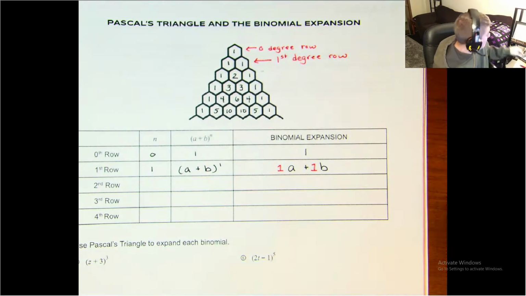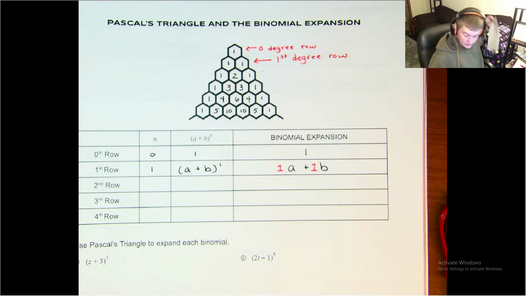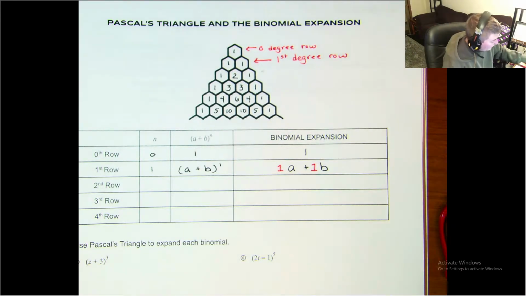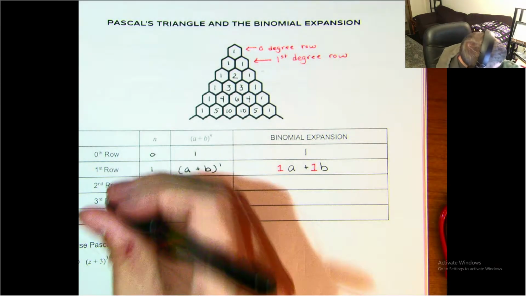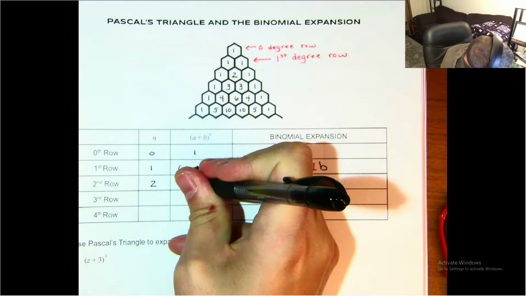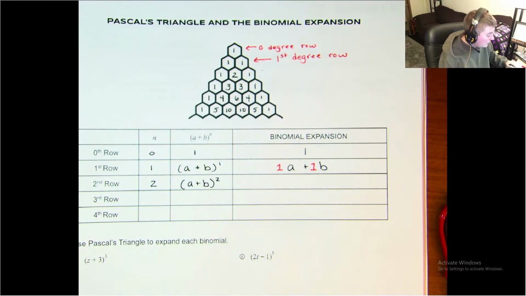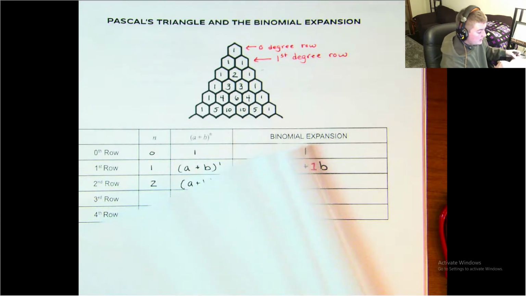Okay, now I'm going to get a sheet of paper so I can expand these by hand so we can see where all of this is coming from. All right, let's go ahead and put this over here. Okay, what about if I want to take it to the second degree, or the second degree row? That means I'm taking my number a plus b and I'm taking it to the second power. Let's go ahead and see what that looks like.